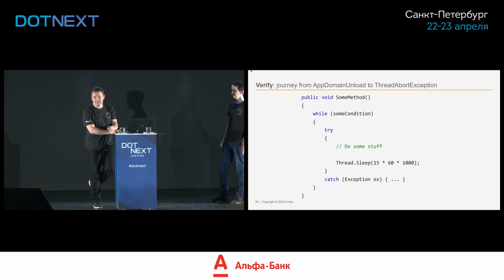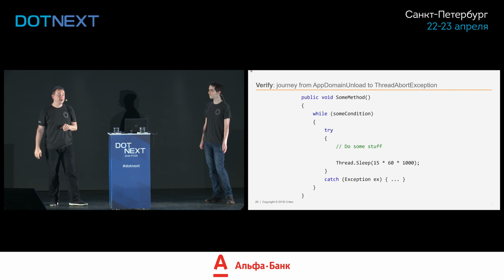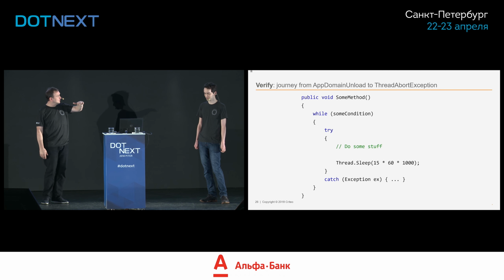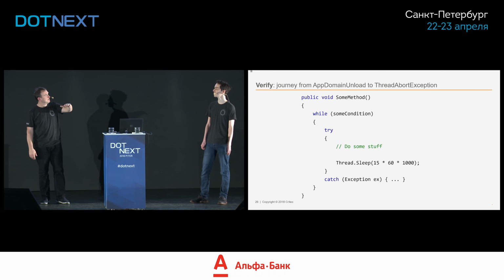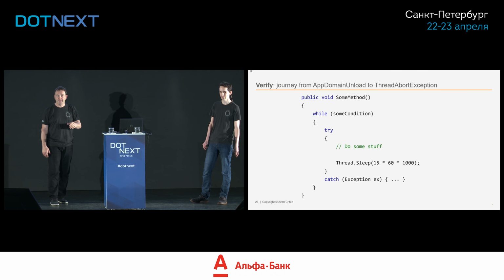The ThreadAbortException is a weird beast. As you say, all your story is fine up to the time that ASP.NET is trying to remove the AppDomain and then Thread.Abort is called, okay?